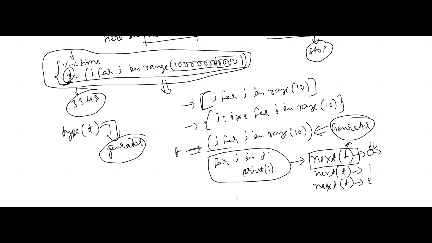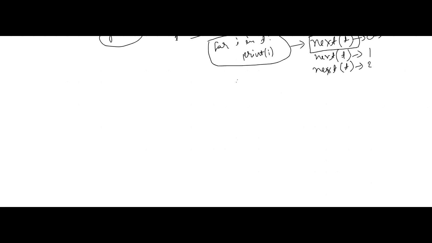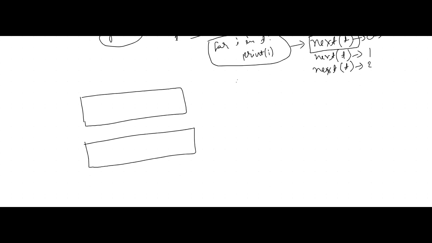You can try it. If you have multiple blocks in your Jupyter notebook, in this block write T is equal to I for I in range 10. After I there is a space. Execute this cell.